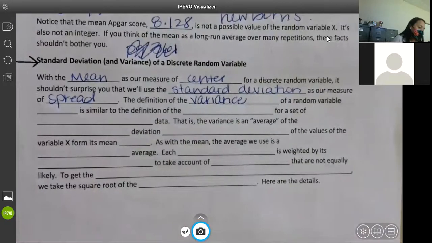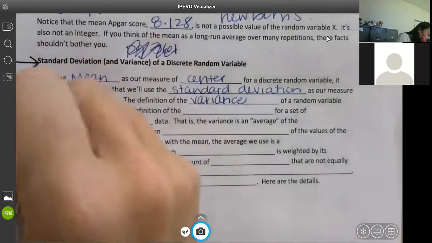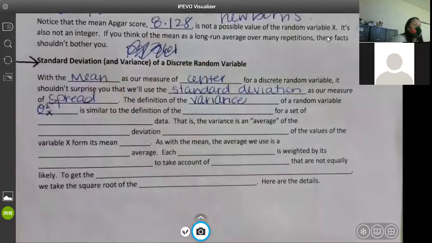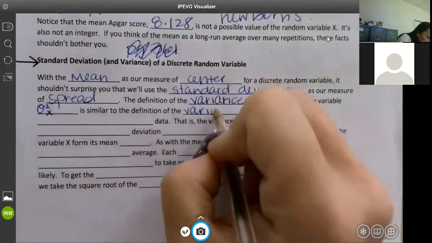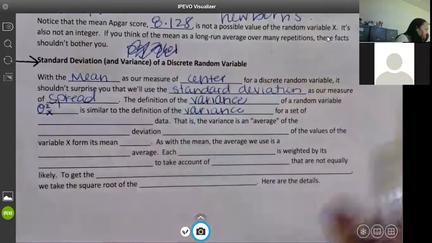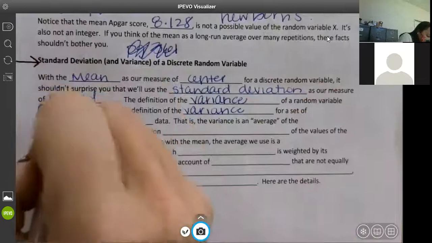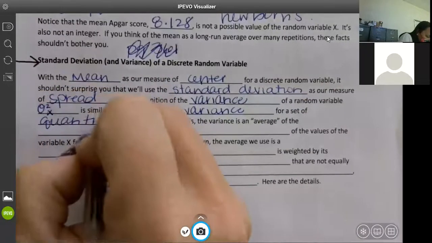All right, the definition of the variance of a random variable. And remember, a variance was the standard deviation squared. It's similar to the definition of the variance for a set of quantitative data. So again, that's what I just talked about.